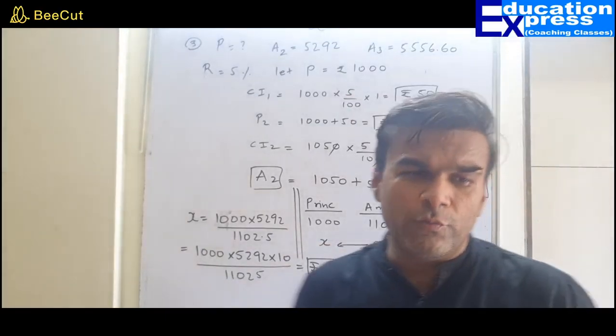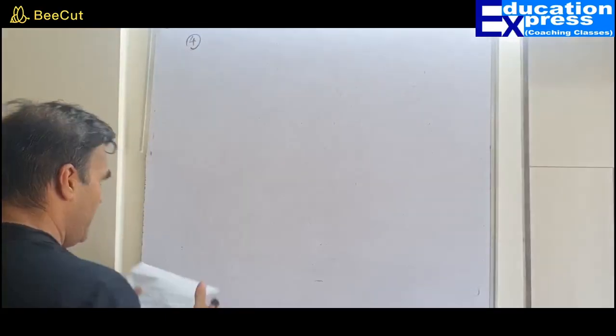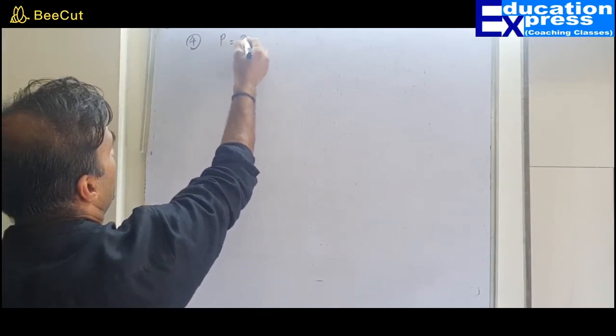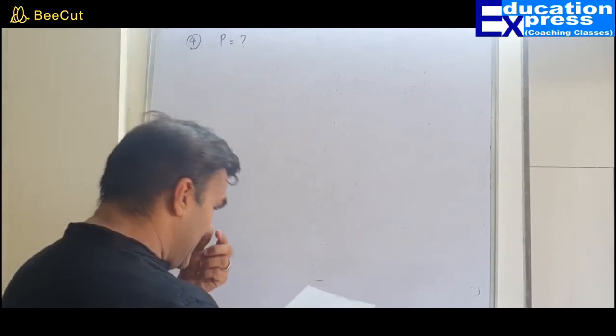Let us move on to question number 4. The question says, compound interest calculated annually on a certain sum of money. Again, principal is not given to us.